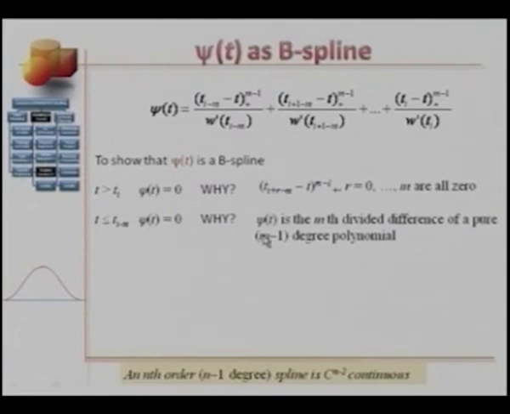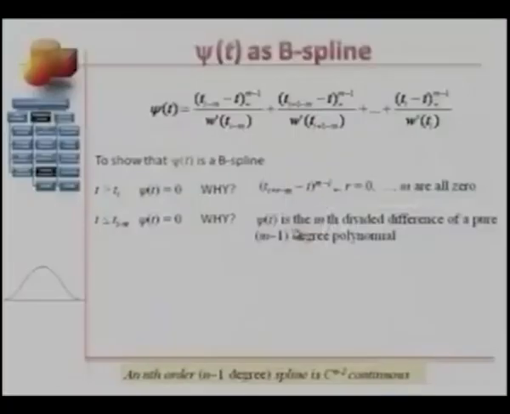So here is what I have said. Psi of t is the mth divided difference of a pure m minus 1 degree polynomial. Let me pose this question again. What happens to the mth divided difference of an m minus 1 degree polynomial? The answer is, this is going to be 0.